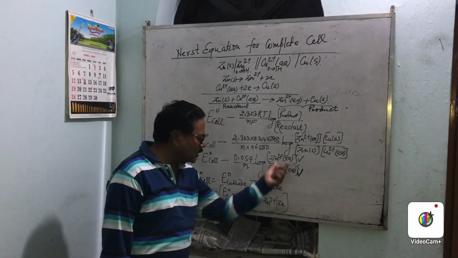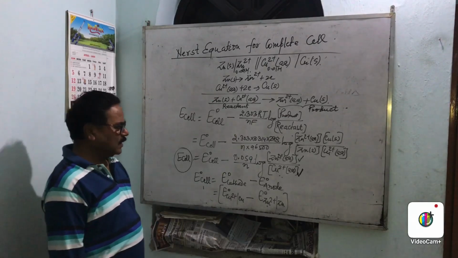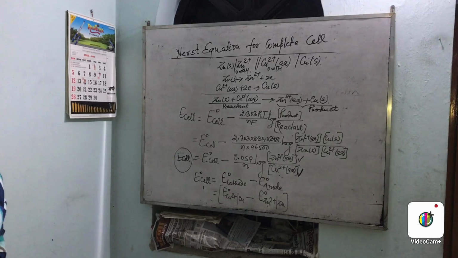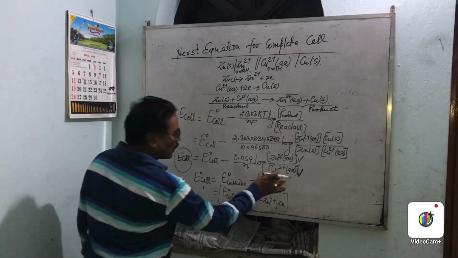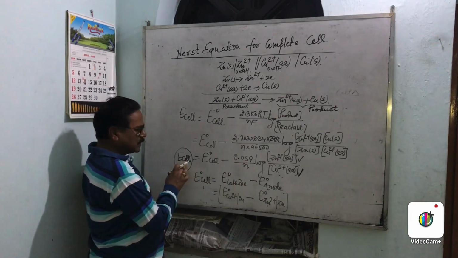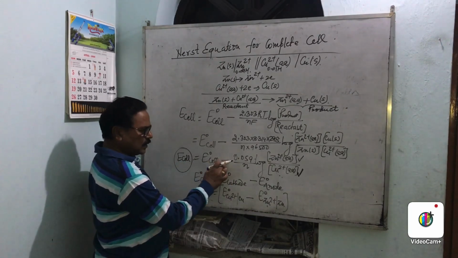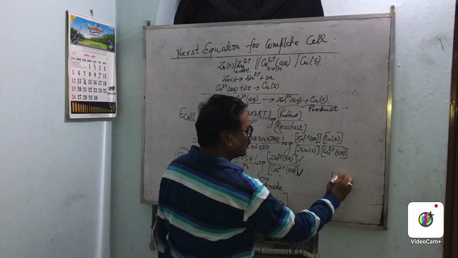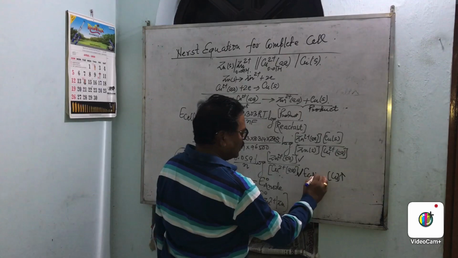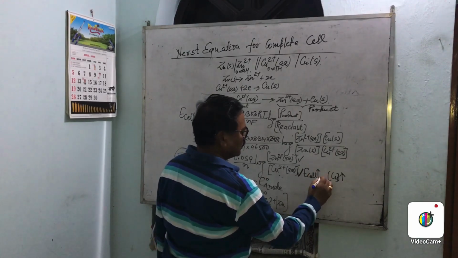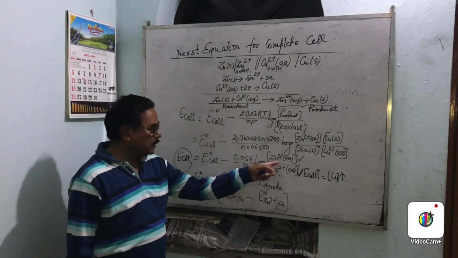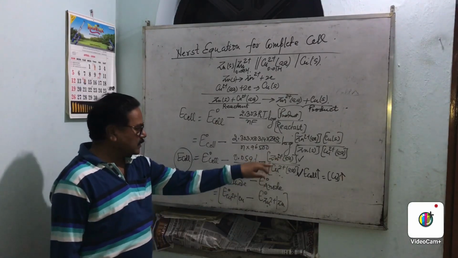If the concentration of copper ion increases, then what will happen? If here is a plus sign, then it will decrease, but it is with a negative sign. So when you increase the concentration of copper ion, then E cell will increase, okay, because it is with a negative sign. And what will happen if it decreases?